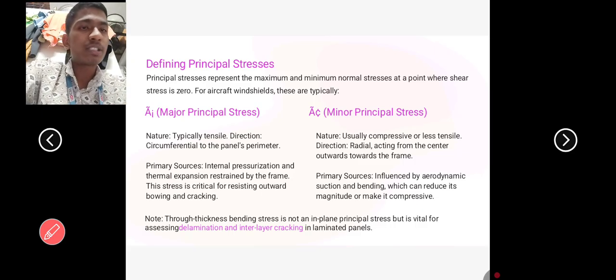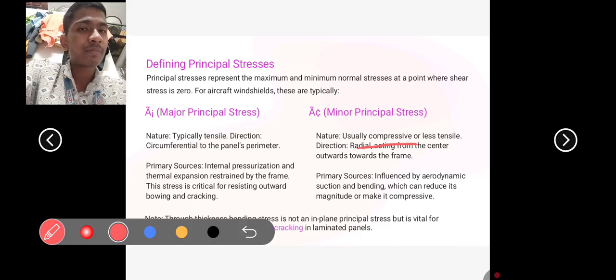Now minor principal stresses. Nature: usually compressive or less tensile. Direction: radial, from the center outward toward the frame. Primary source: influenced by aerodynamic suction and bending, which can reduce its magnitude or make it compressive.